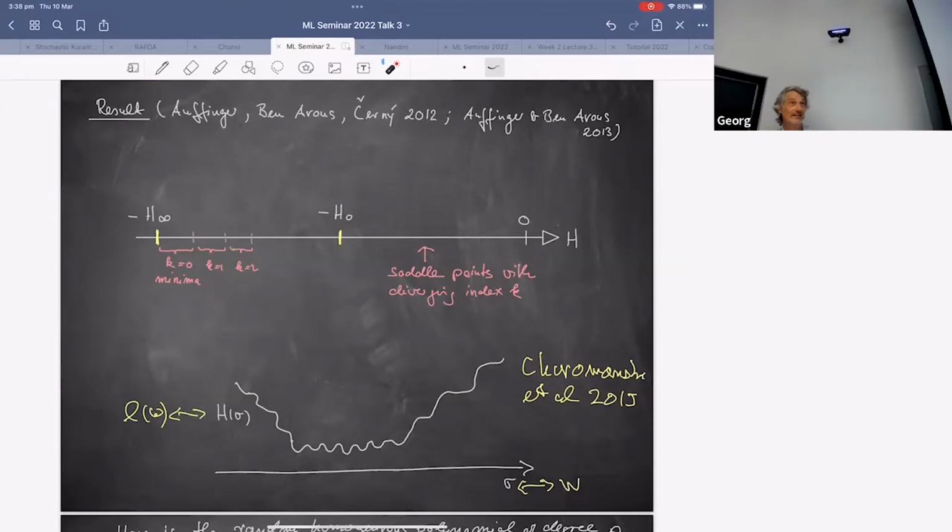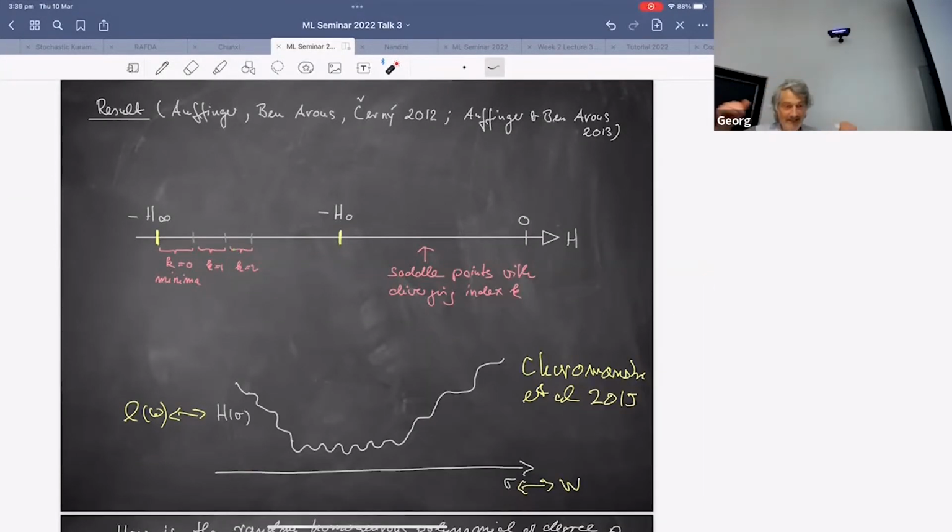Okay, so that's where statistical mechanics helps you to get an intuition, I would say, of why such simple optimization algorithms as stochastic gradient or simple gradient descent do work. Okay. So there's a minimum.